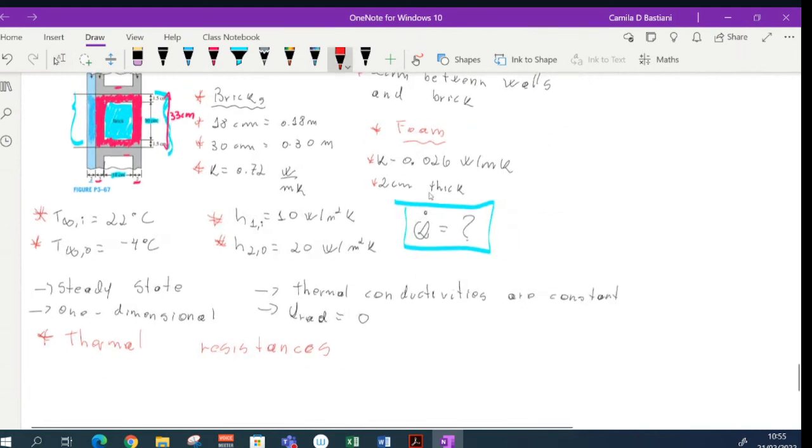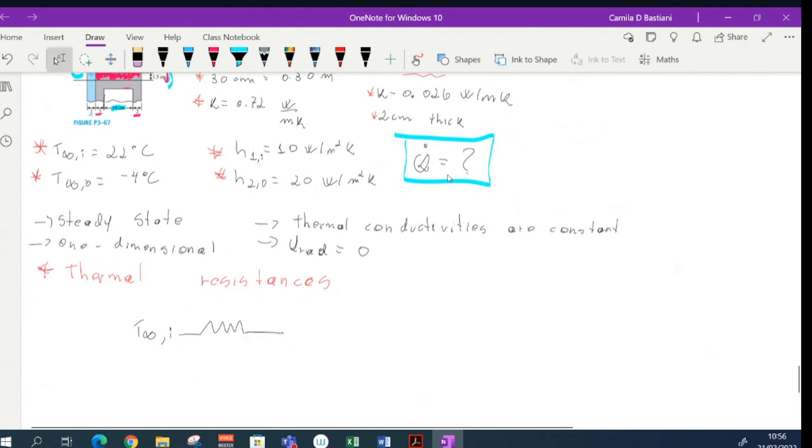Okay, let's build our system. I have my temperature of the air on the inside. And I have my first thing here, my foam. What heat transfer do I have between the air and the foam?